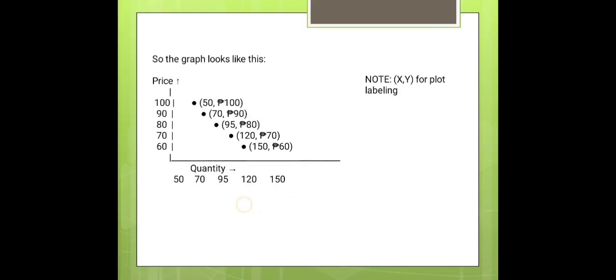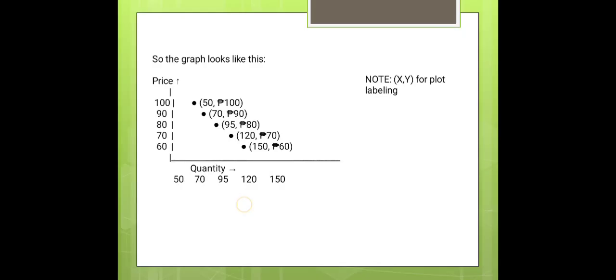So ito ang itsura ng demand curve, okay? So yung price, if you can see, it's arranged from the bottom, the lowest to the highest. The quantity demanded from the lowest to the right, papunta sa right, okay? So we have lowest to highest. Now, in the plotting point, okay, sa moment na magpa-plot kayo, please take note.